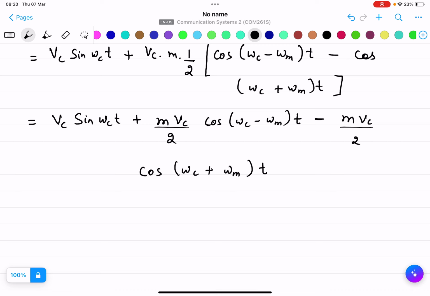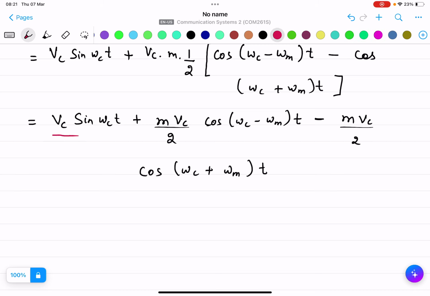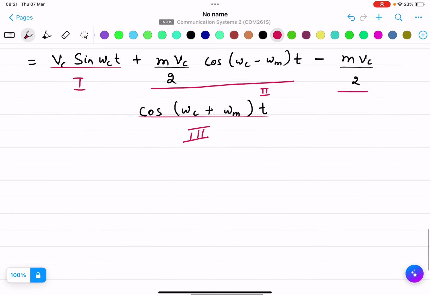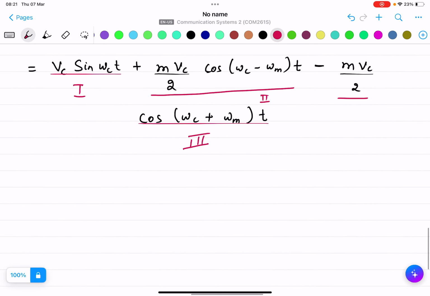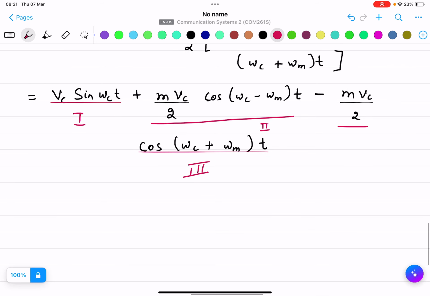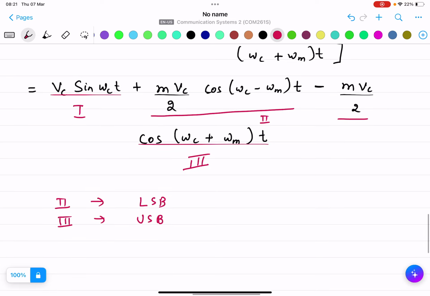So the first, the second, and this is my third term, right? So basically, the first term is the carrier component, the second term is the LSB, and the third term is the USB, right?